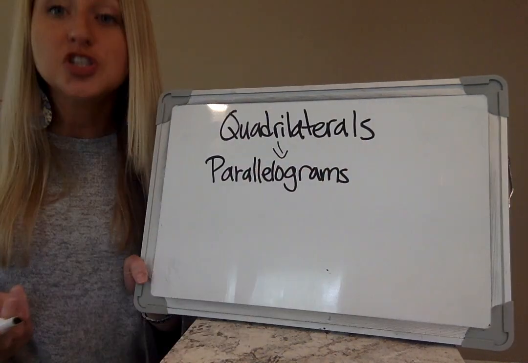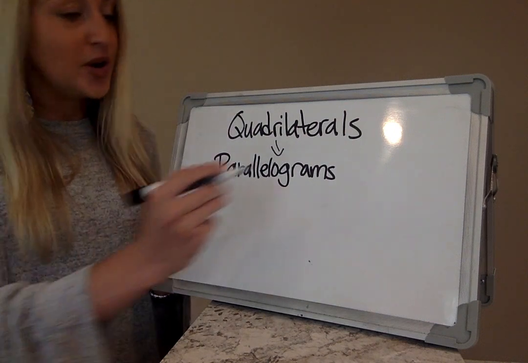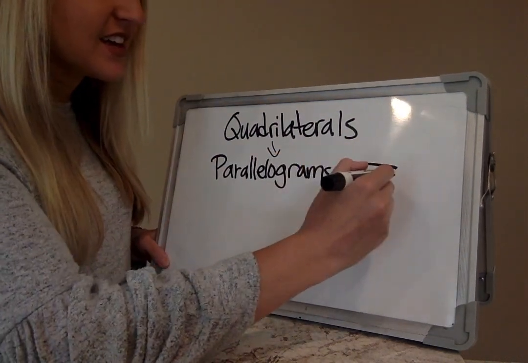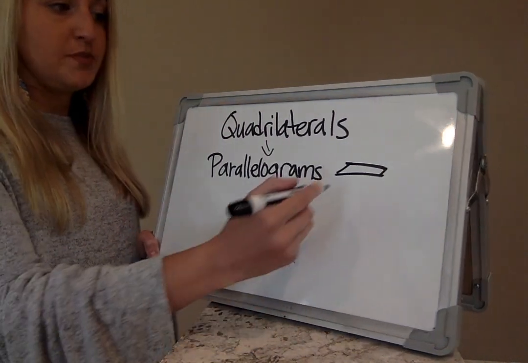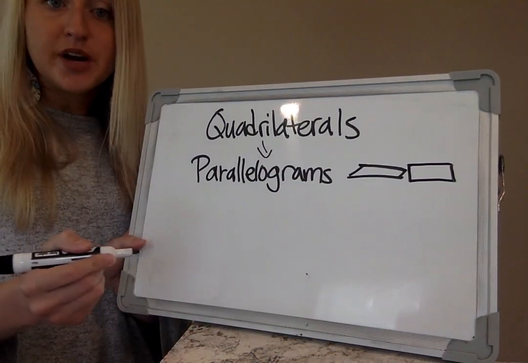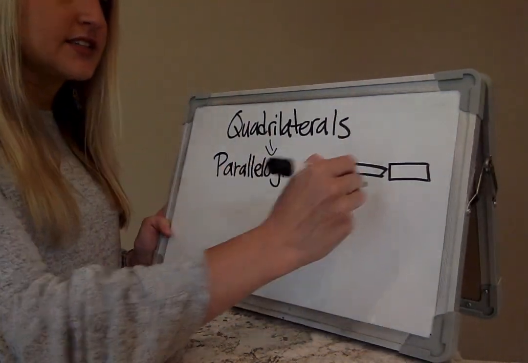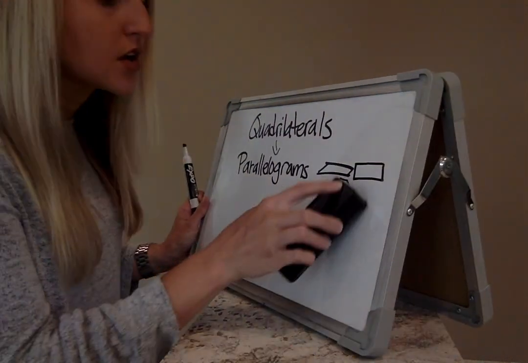So, I'm just going to draw a couple of them, just a couple examples. Y'all know I can't draw very well. Here's one parallelogram. Two pairs of parallel sides. Here's another parallelogram, two pair of parallel sides. Ooh, I gotta redraw that one.